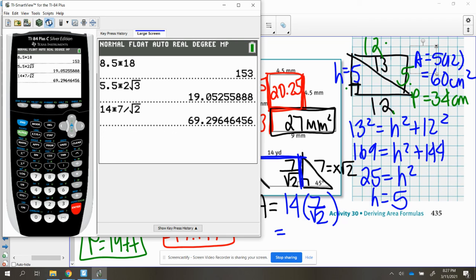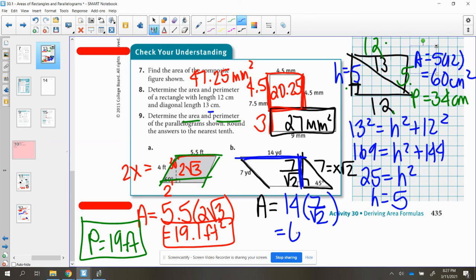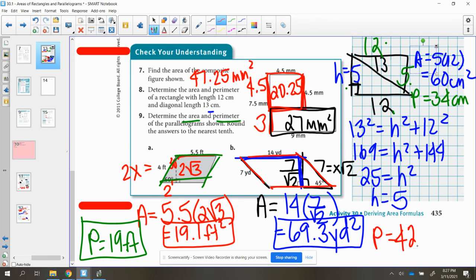And our final approximation is about 69.3 yards squared. And the perimeter then is going to be 7 plus 14 plus 7 plus 14 for a total perimeter this time of 42 yards. Okay.